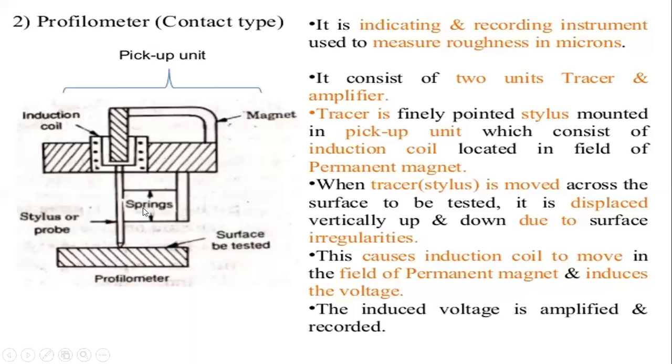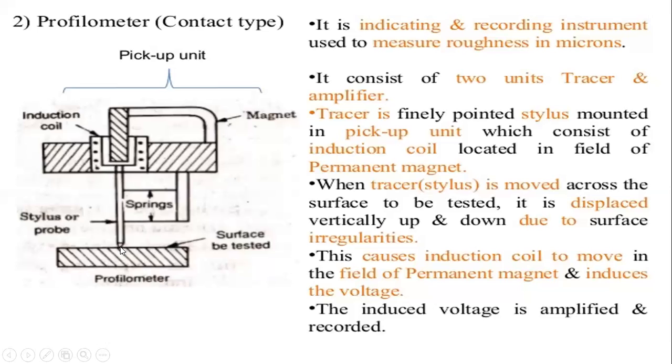These are the spring attachments which are used to move up and downwards in a smooth form. And this is the induction coil, which is attached to the stylus or probe.